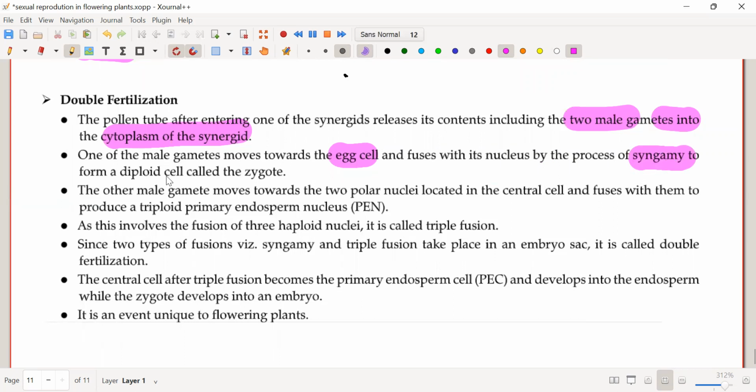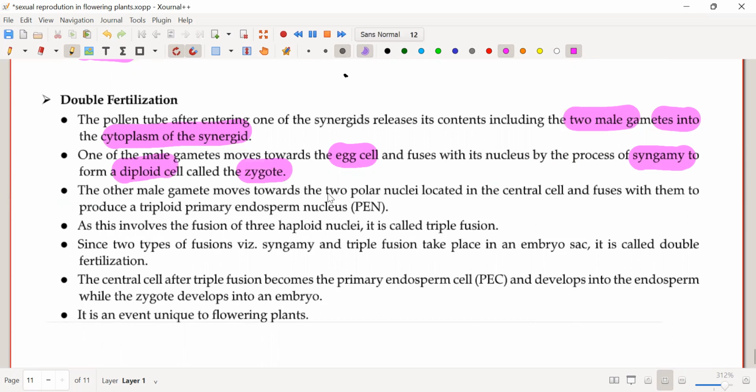We already know what syngamy is: the combination of a haploid male gamete and a haploid female gamete to form a zygote, the diploid cell.